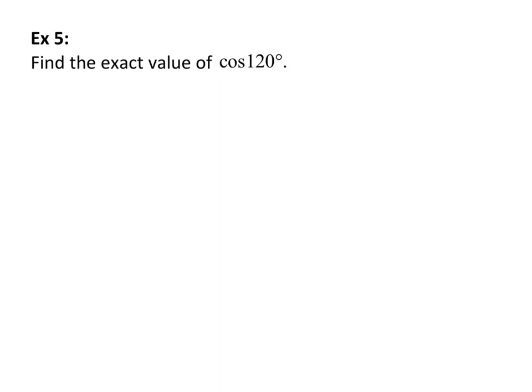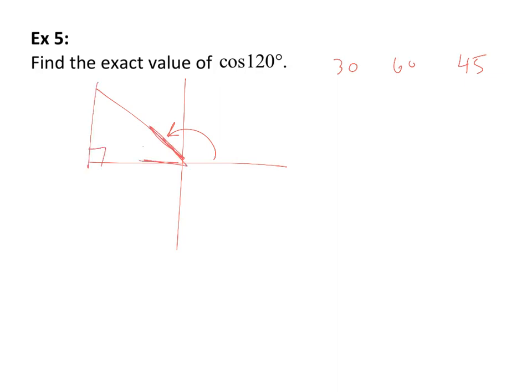All right, example 5, find the exact value of cosine of 120. Now for this one, you don't have to break it up into numbers that we're used to working with, because look at this. If I rotate 120 degrees, then I end up with this triangle where the reference angle is 60 degrees, right? All right, and that's 30.